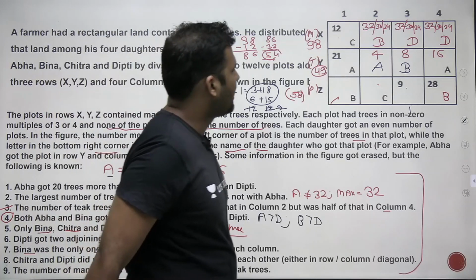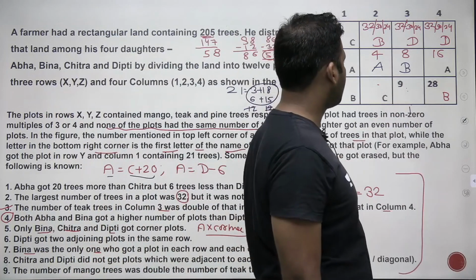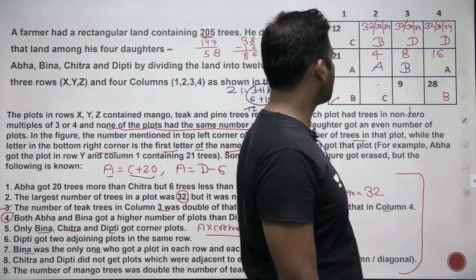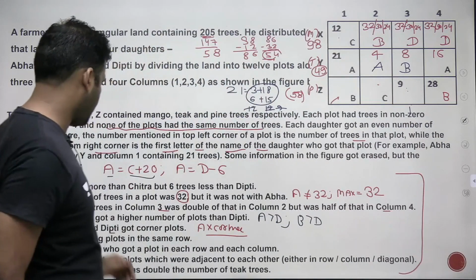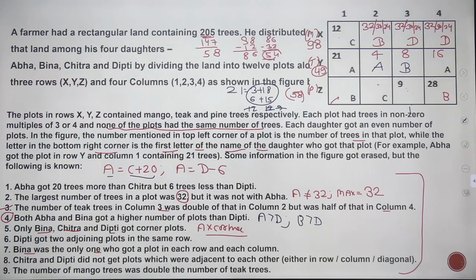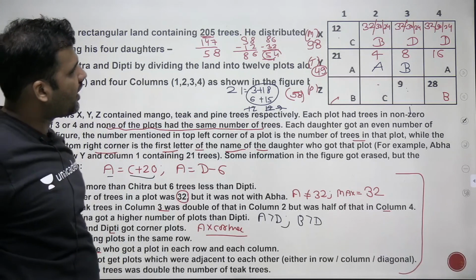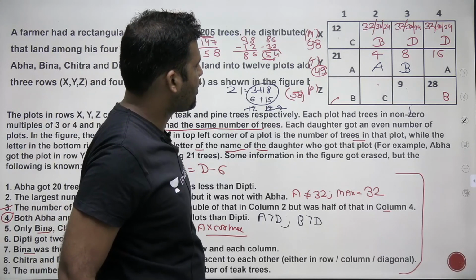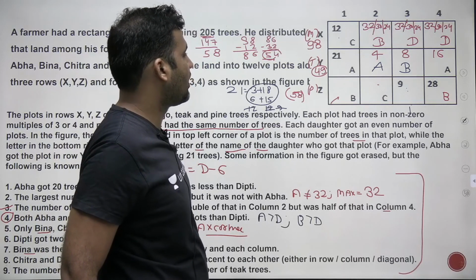Now we still have one more option here. This value is still not assigned to anybody. Dipti got 2 adjoining plots. Bina was the only one who got a plot in each row and column.